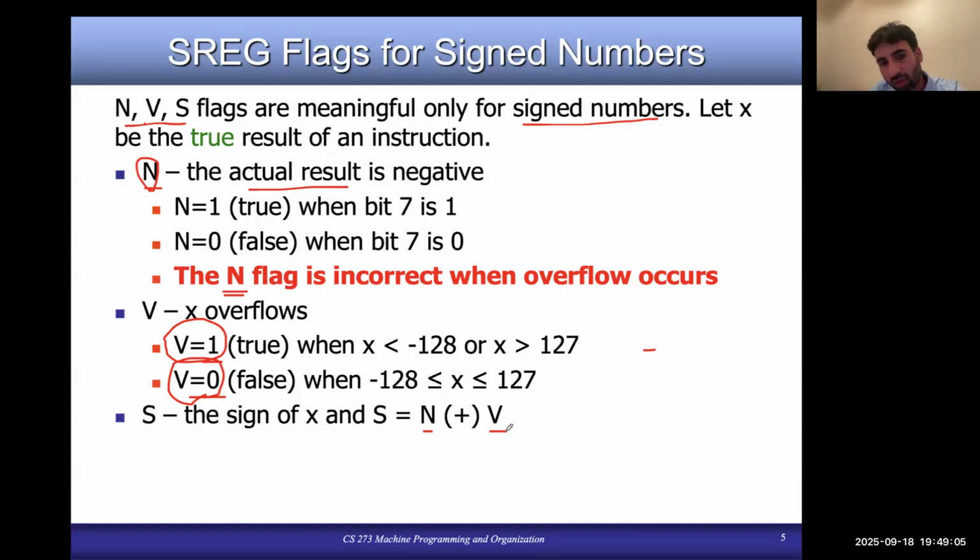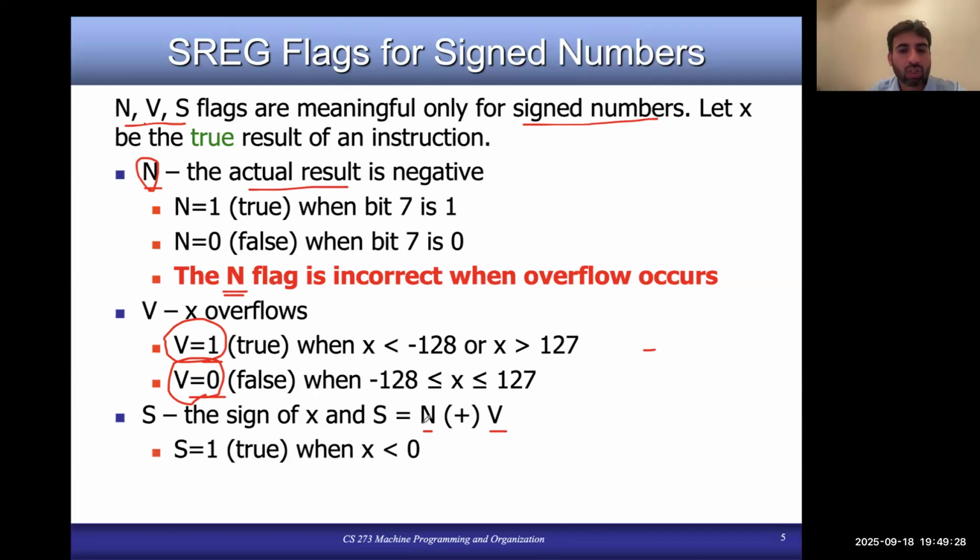But if overflow happens, then the value of 0 or 1 for the N flag has no meaning. We cannot trust it. So we need an alternate way which we can trust all the time, whether overflow happens or not, to tell us whether the value obtained in the register is positive or negative. And that flag is the sign flag.